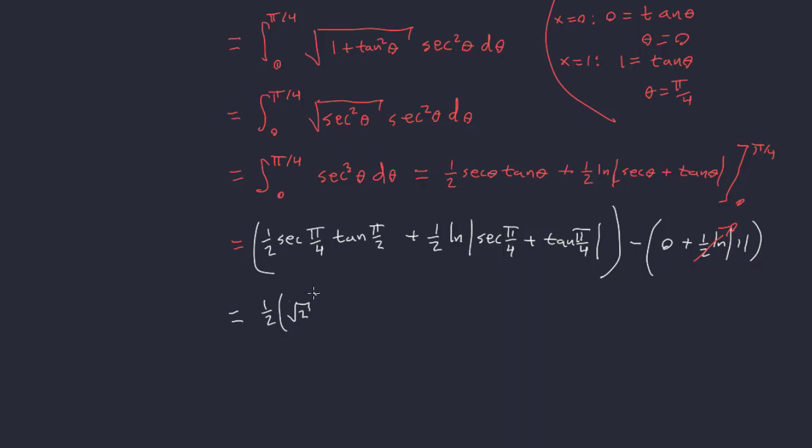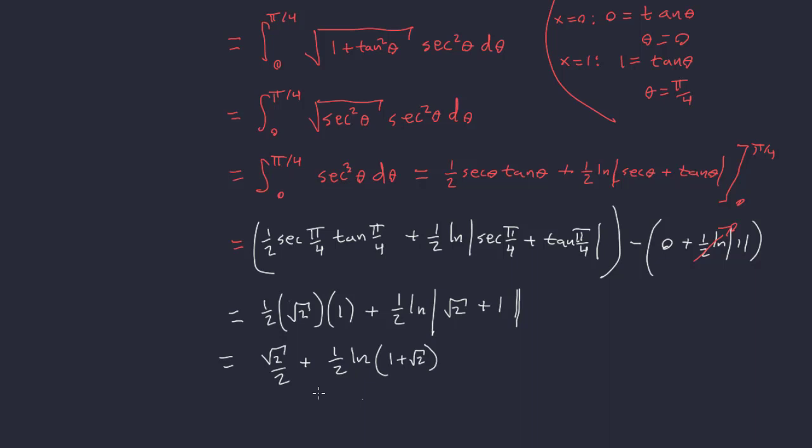Okay, and tangent of pi over 4, I put 2 there, that should be 4, sorry about that, that'll just be 1. Then we'll have 1/2 natural log of the absolute value of secant of pi over 4, again root 2, plus tangent of pi over 4, which is 1. So we can actually simplify this a bit. It'll be root 2 over 2 plus 1/2 natural log of 1 plus root 2. Okay, so there's our exact answer.